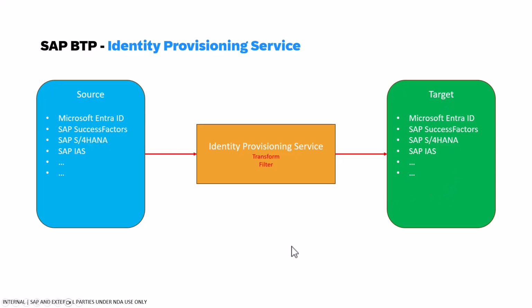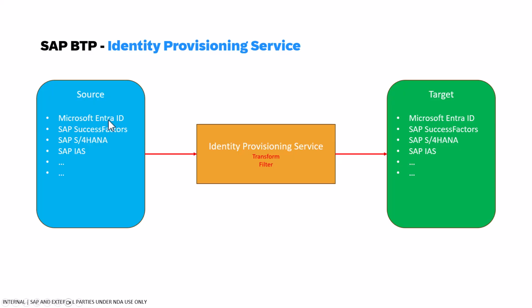Now, it's going to be painful if you need to create all these users manually, like in SAP SuccessFactors, SAP S/4HANA, SAP IAS, and so on. For that reason, we have the Identity Provisioning Service. The goal of this Identity Provisioning Service is to provision the user identities in all of these systems. On the source side, again, you can have any number of sources. You can have Microsoft Entra ID.